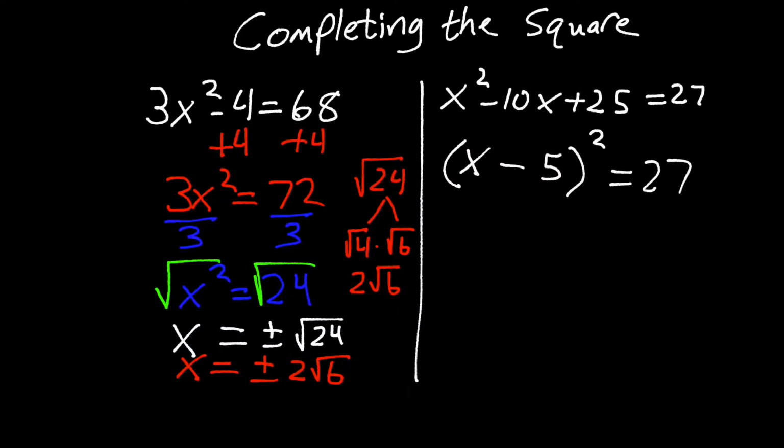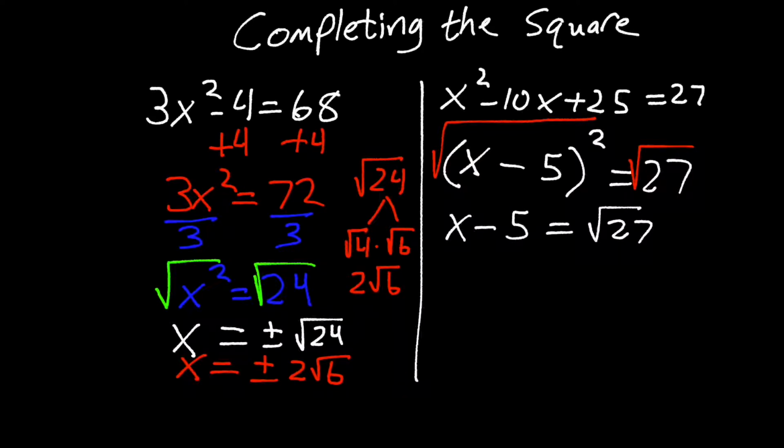Alright, now solving this is just like when we got to here on the other side. I need to get the x by itself, so first I have to undo the squaring. So I'm going to take the square root of both sides. This gives me x minus 5 equals the square root of 27.